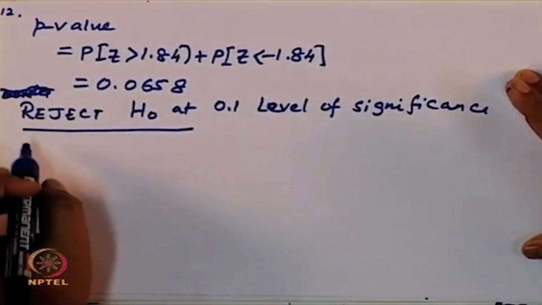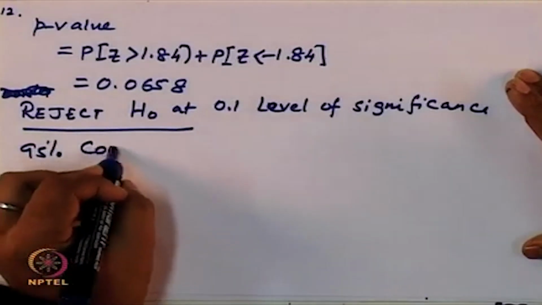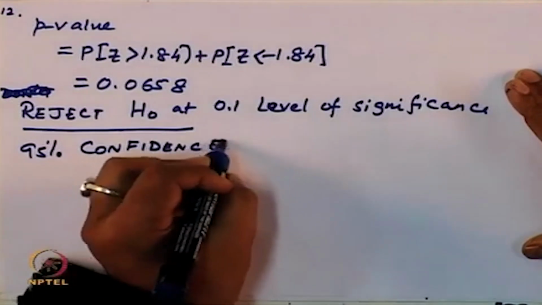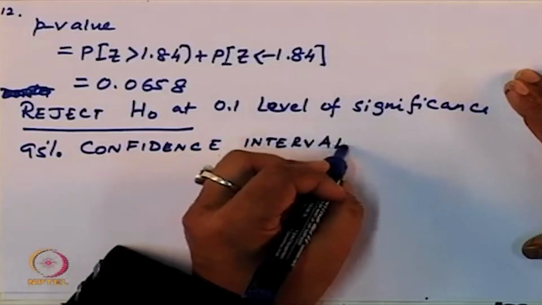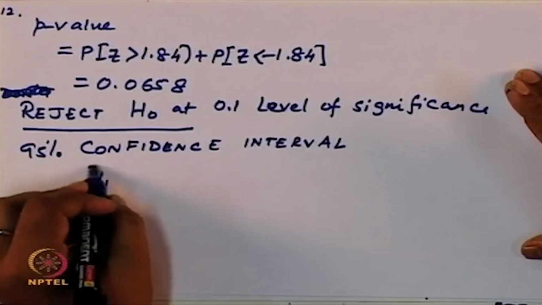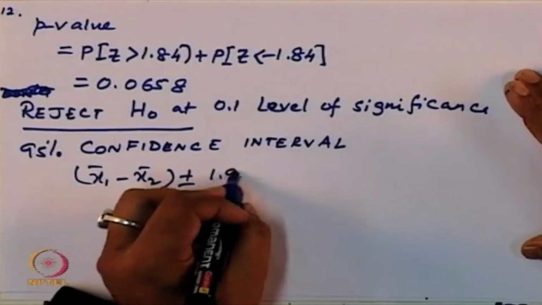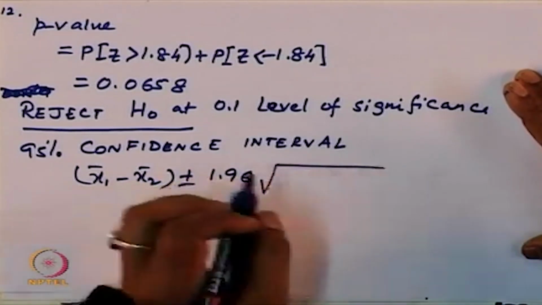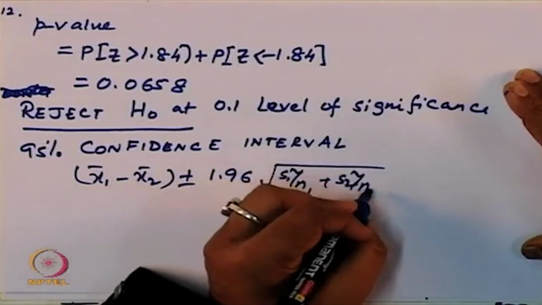Okay. And you can see that if you calculate the 95% confidence interval, it comes out to be x1 bar minus x2 bar plus minus 1.96 times SE, which is root of S1 square by N1 plus S2 square by N2.